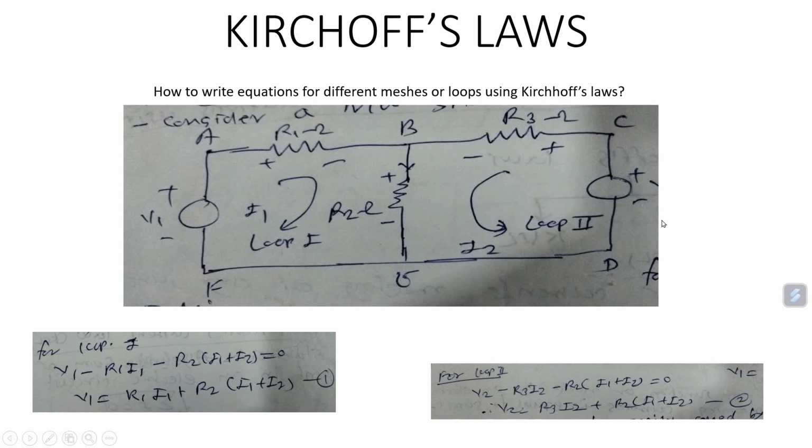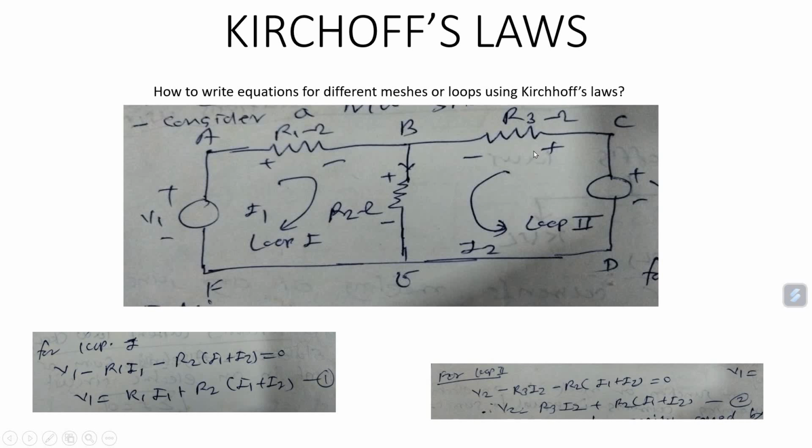Now while applying KVL, we'll start with the source voltage V2. Since current is flowing in the upward direction, that is we are going from minus to plus, it can be considered as potential rise. That's why we denote it by plus V2. Now here current is flowing from right to left, that is plus to minus, so the voltage drop will be considered as potential drop or falling potential, and will be denoted by minus sign.